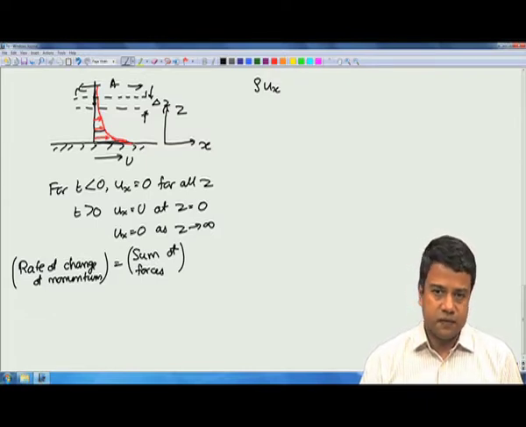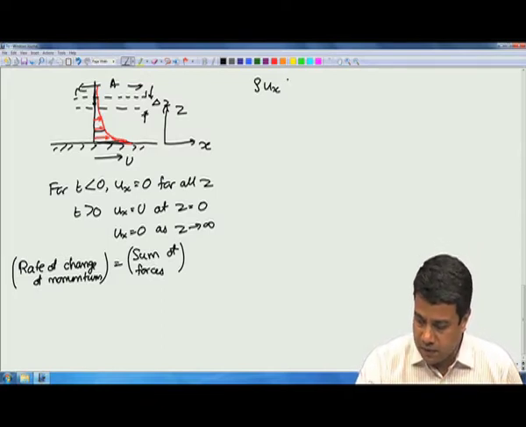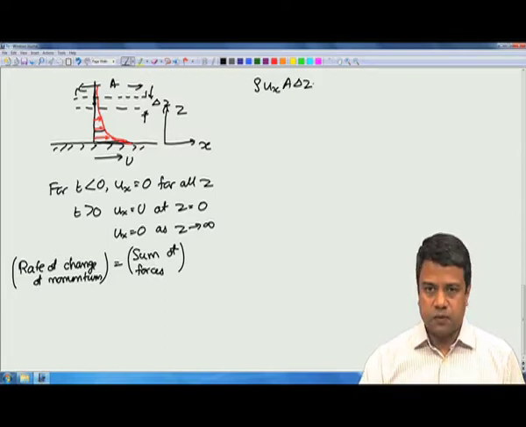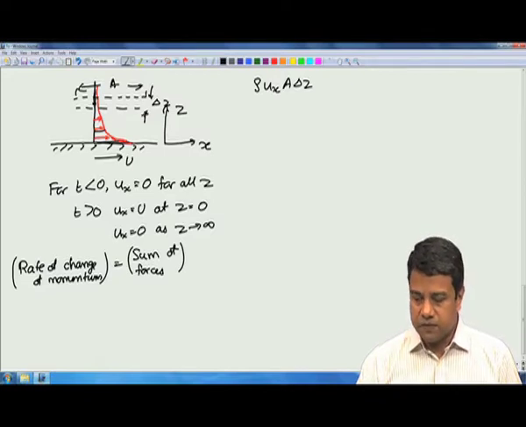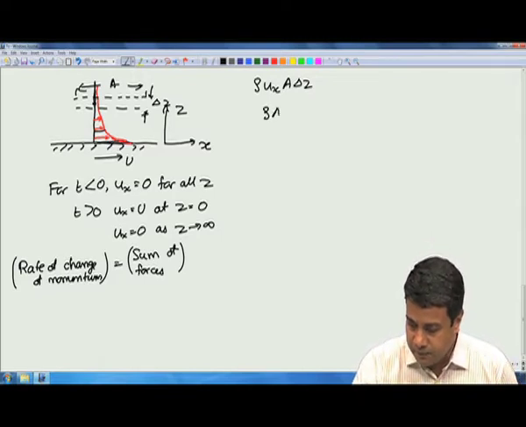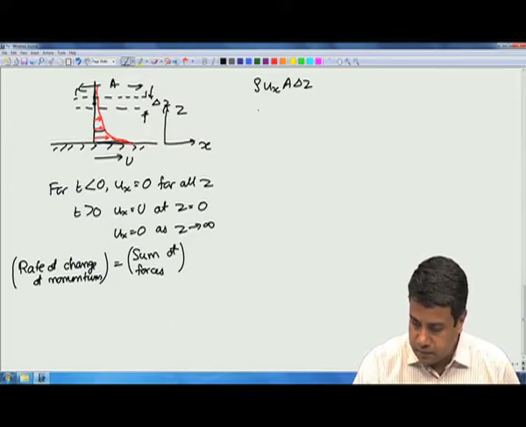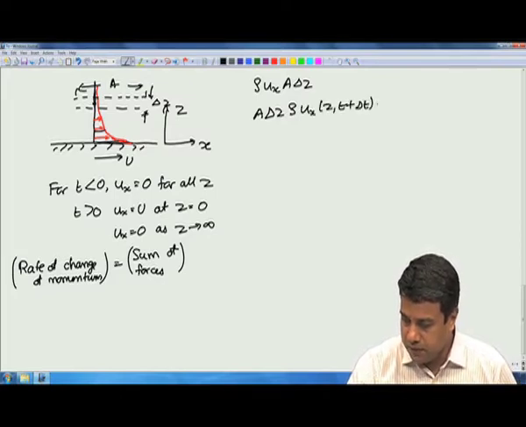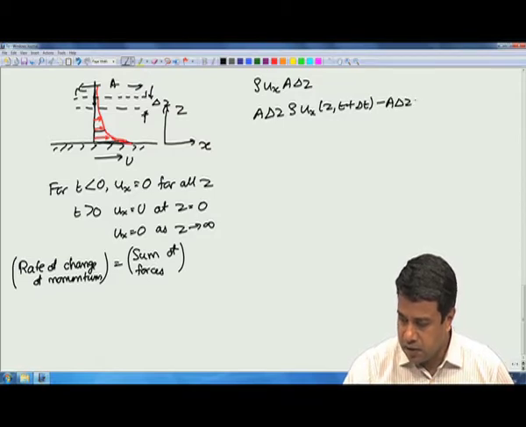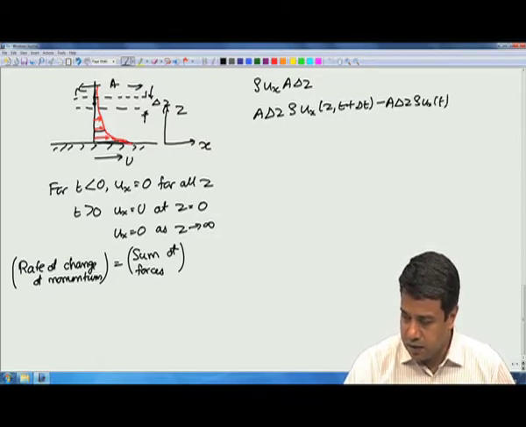The density times the velocity is a momentum density times the volume, which is the x momentum within this differential volume. So, the rate of change of momentum within a time delta t is going to be equal to the momentum A delta z rho ux at z, t plus delta t minus A delta z rho ux at z, t.